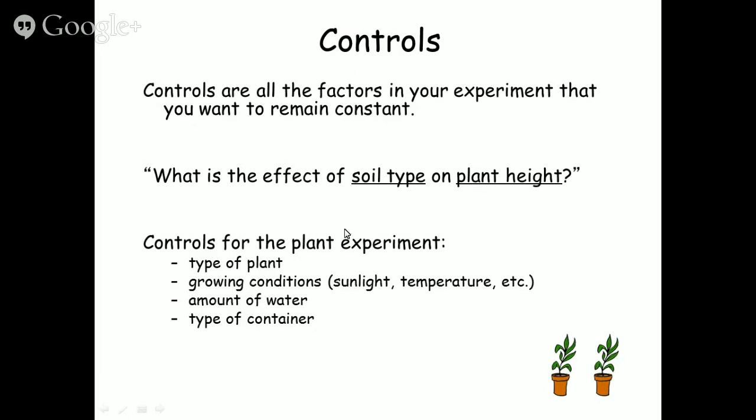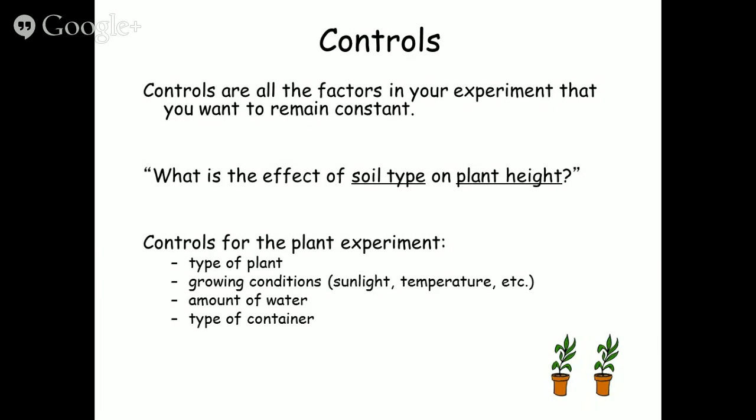So if you're going to do the changing of the soil type, remember I talked about it earlier, you don't change the container you put the plant in. You don't change the location of where each plant goes. You keep everything constant, everything exactly the same, because if you change one thing for only a few of the plants, then you don't know whether the soil was the reason that it grew, or whether it was the fact that you put some of them on one side of the yard and some of them on the other.